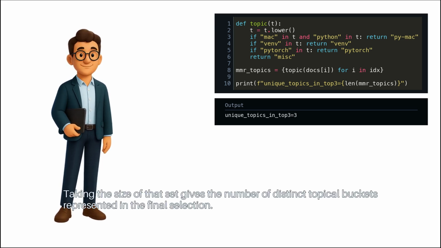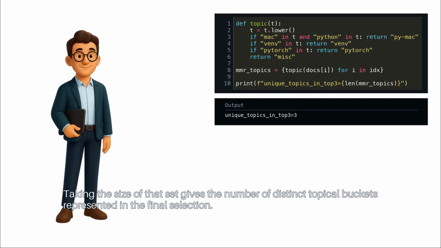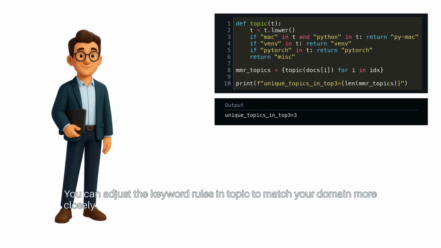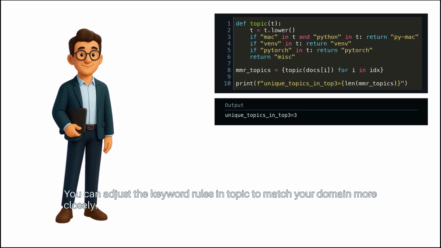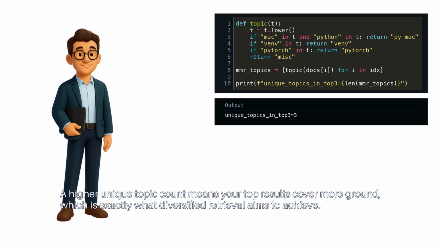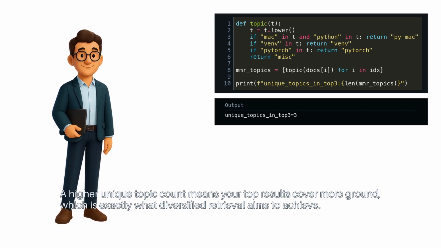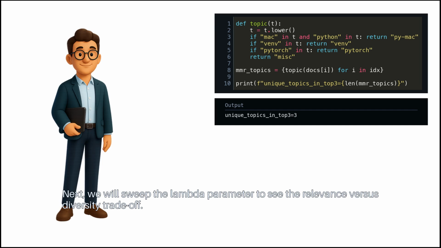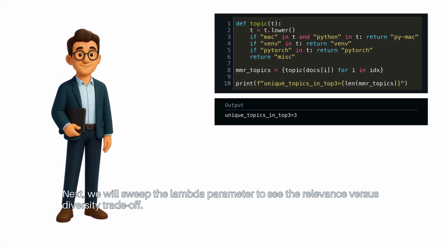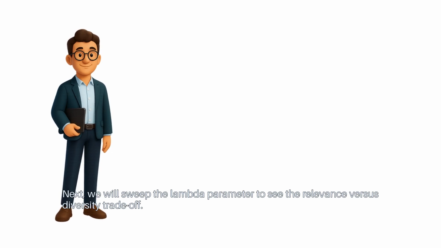Taking the size of that set gives the number of distinct topical buckets represented in the final selection. You can adjust the keyword rules in topic to match your domain more closely. A higher unique topic count means your top results cover more ground, which is exactly what diversified retrieval aims to achieve. Next, we will sweep the lambda parameter to see the relevance versus diversity trade-off.